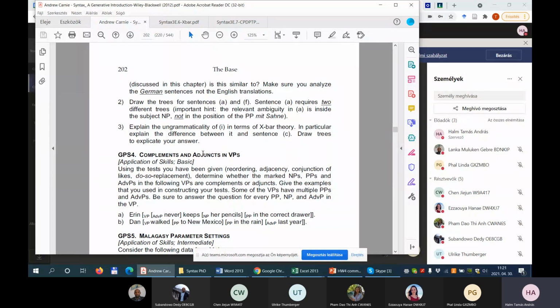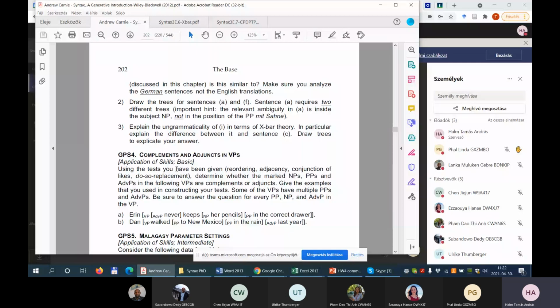That sounds a bit strange. So the evidence is not clear-cut, but what is certain is that in the rain and last year are adjuncts, and to New Mexico also looks like an adjunct. Okay, so that's it. All right. Thank you for all this debate.